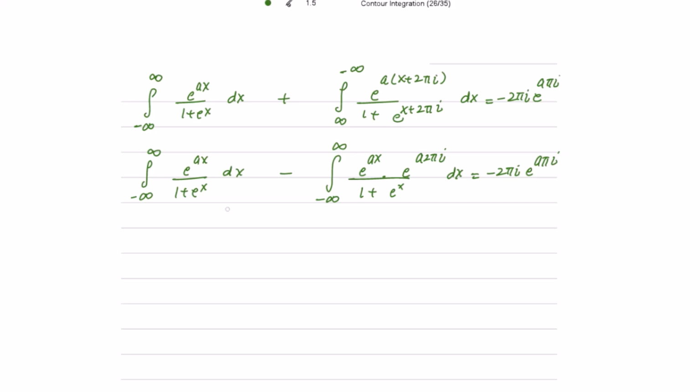Then please notice this. This is the same and this is also the same, right? So this is your constant e to the power 2a pi iota, and here from 1, taking these constants common, 1 minus e to the power 2a pi iota.